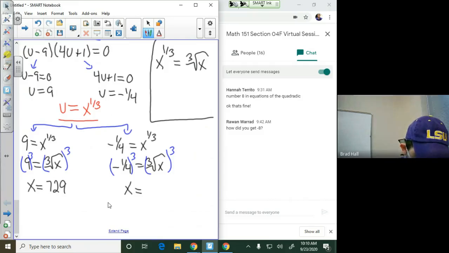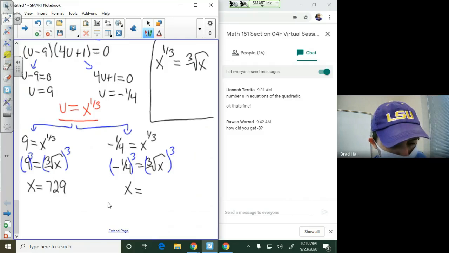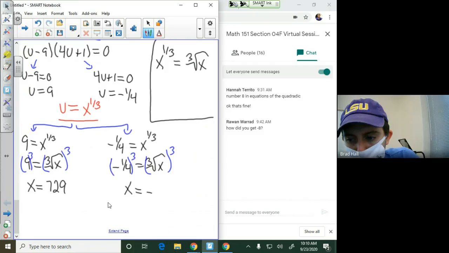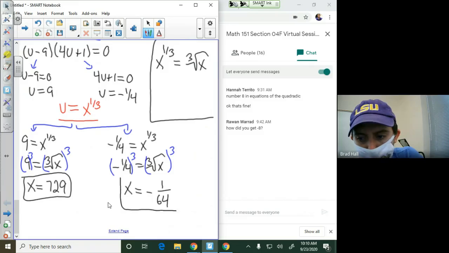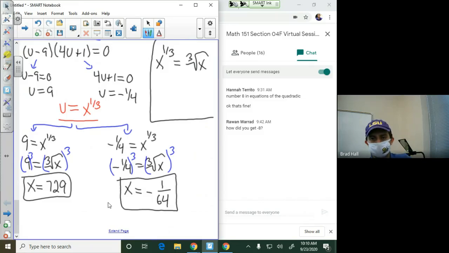Negative 1 over 4 to the third power is negative 1 over 64. These would be the 2 answers. We do not need to check our answers because we were dealing with third roots, which are odd roots rather. These are odd roots. We do not have to check our answers with odd roots.